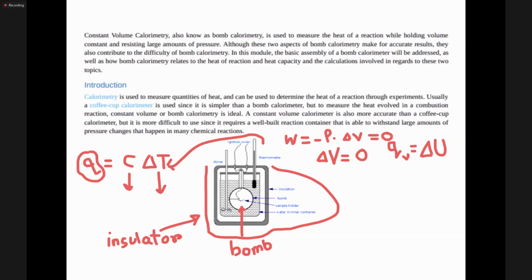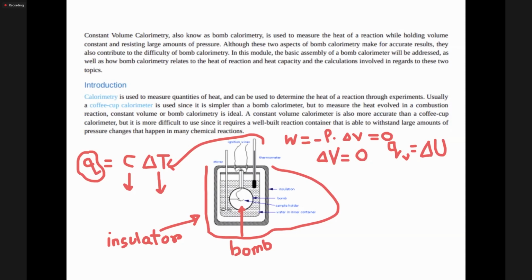Now, for reactions involving gases, whatever the sample inside it is, whether solid or liquid, it does not matter. Even when the samples are gases, in that case also there will be no work because delta V will be equal to 0.